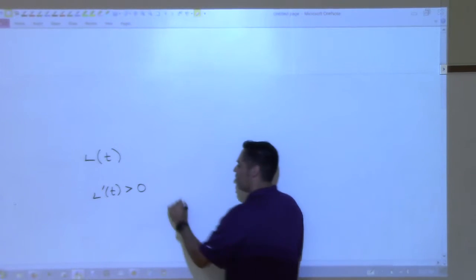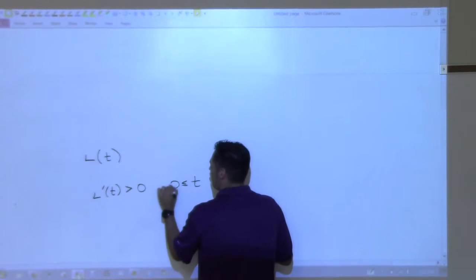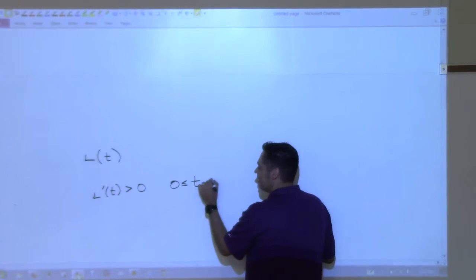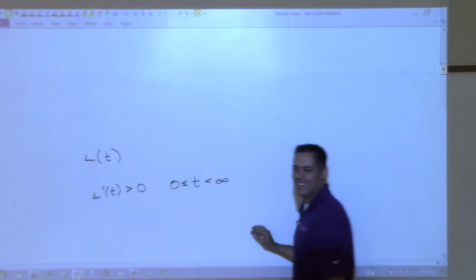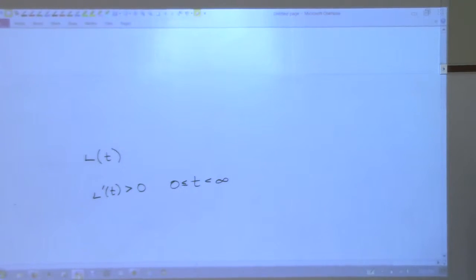Okay? So basically for t from the moment he met her to forever. So what does that mean? Love is greater than infinity. Well, his love is growing, right? As time goes on, it's growing and growing.